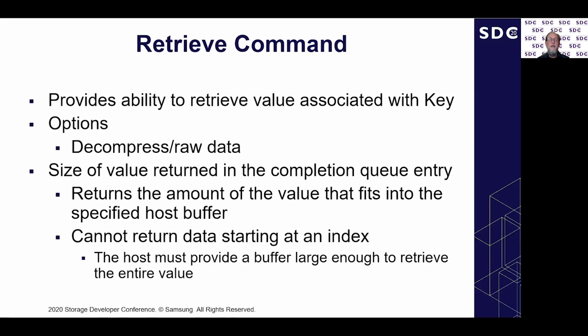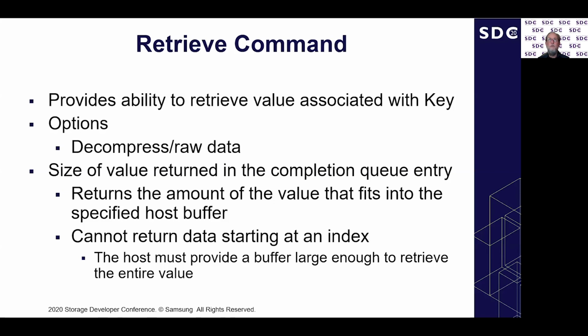The thing that I cannot do, the last point here, is I cannot return data starting at an index. If I want the entire value or I want a specific portion of the value, the host must provide a buffer large enough to retrieve the entire value, or at least the value up to the point that is of interest.